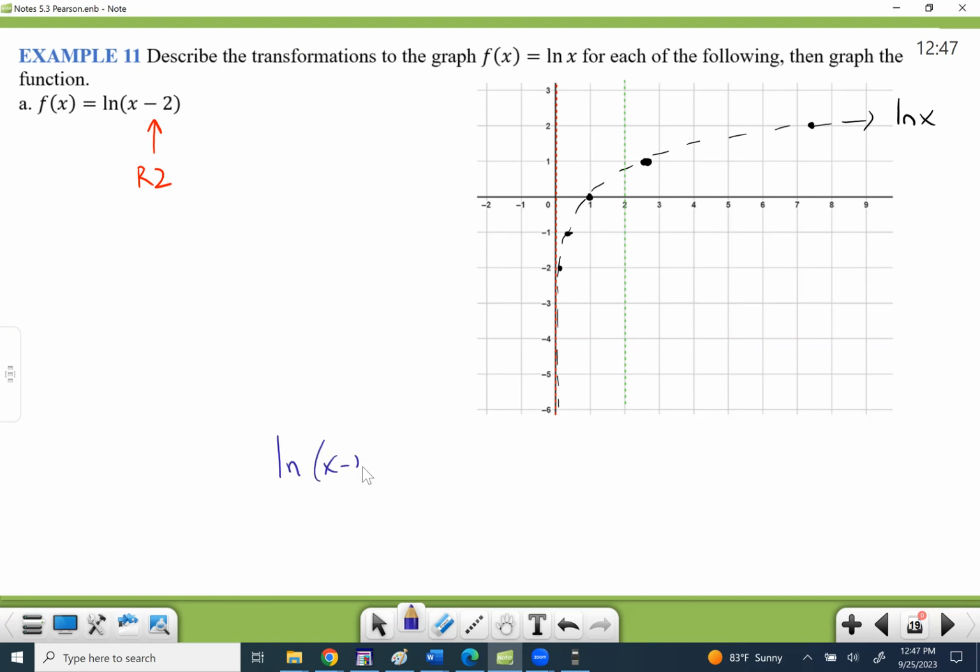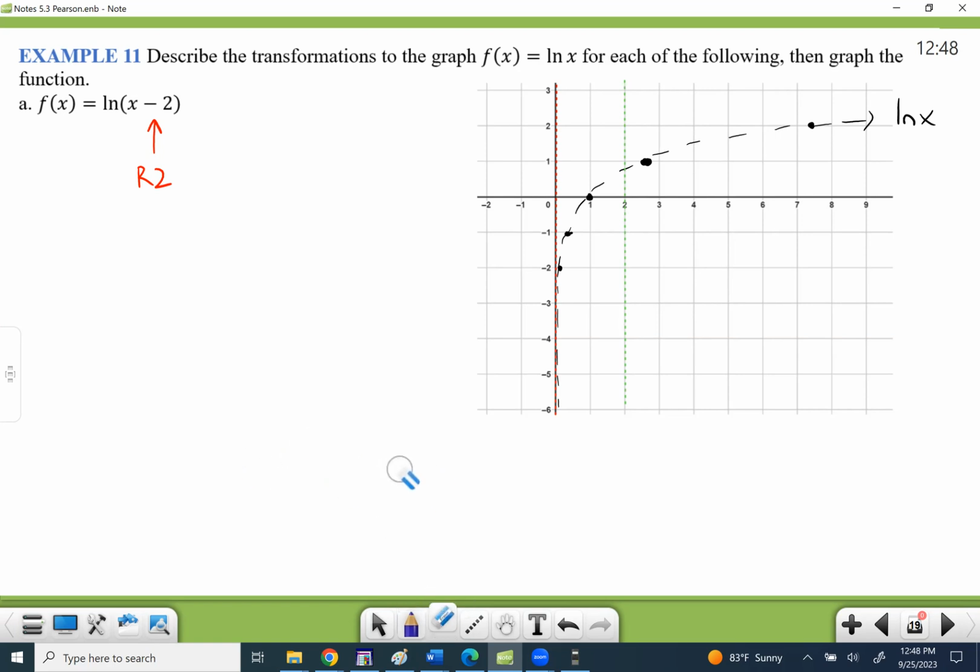If I had something like this, they'll say that the asymptote's at 4. That's what moves it up and down. So if this asymptote moves up or down, it's not going to change that the line is the line, you know? What's going to change where this line is moving this way, right? And so that's why the part that's inside of the natural log is important. That's where you're going to get your vertical asymptote from.